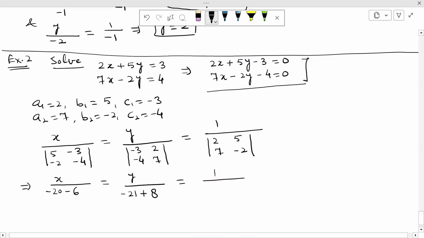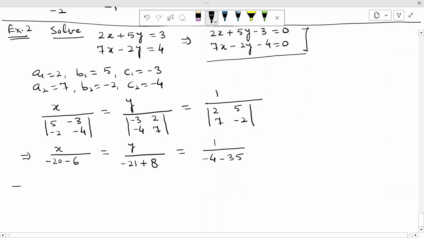And on the last term we are having 2 into minus 2, which is minus 4, minus 7 into 5, which is 35. So this gives us x over minus 26 is equals to y over minus 13 is equals to 1 over minus 39.